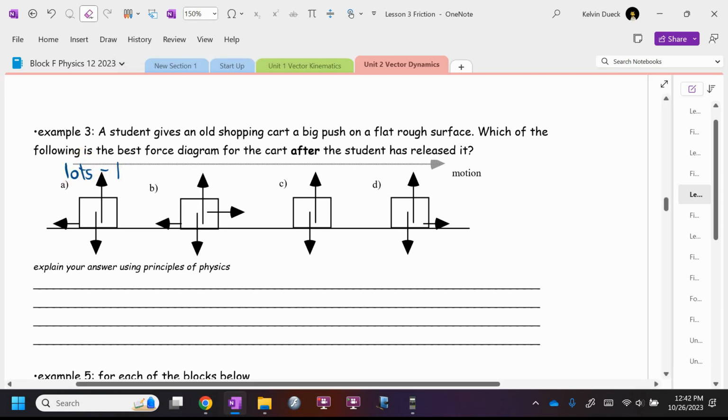Take away 1. Who says B? We have the 1. Who says C? No one's going to vote twice. D. Had you guys voted before? You're changing? Both of you? Boy.